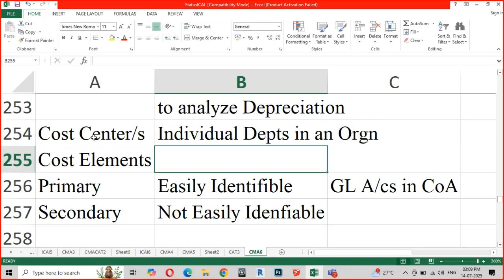Individual departments in an organization. Cost centers can also be called cost collectors, cost buckets. Okay, they are responsible for collection of costs. We'll come to it later. Okay, not a problem.